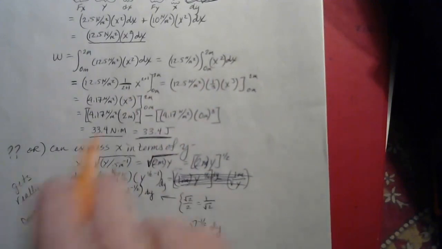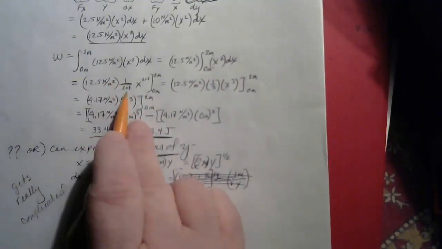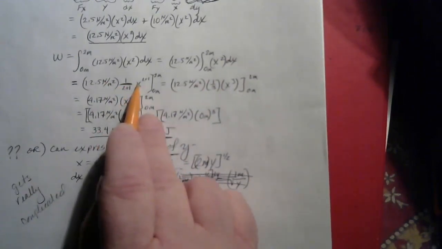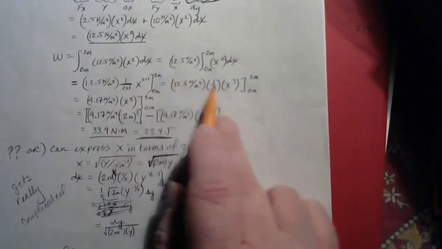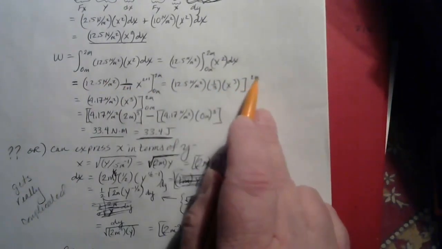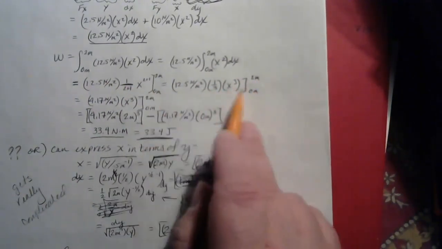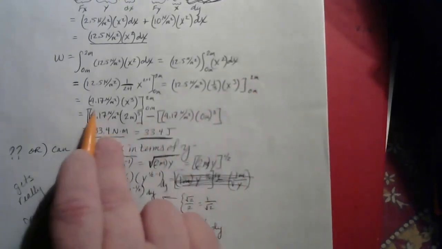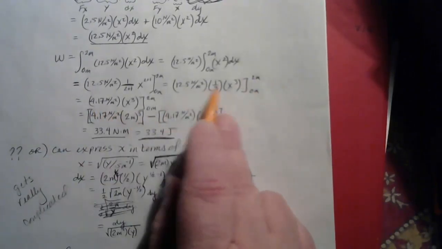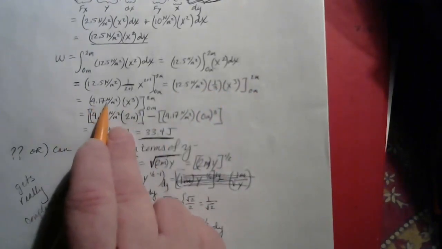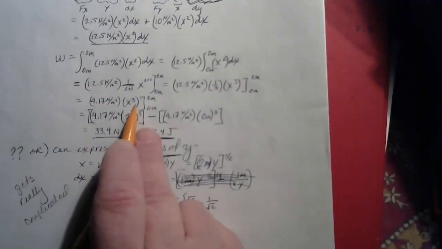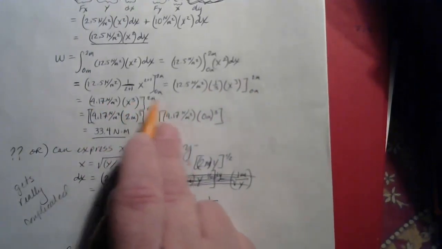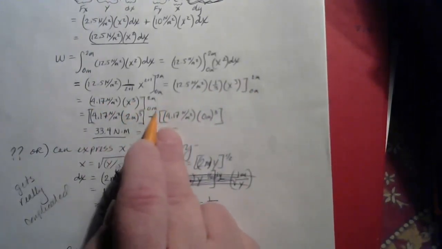So it's 12.5 newtons per meter squared times 1/3 times x to the third, from values of x from 2 down to 0. 12.5 divided by 3 is 4.17. So it's 4.17 newtons per meter squared times x to the third, from values of x from 2 down to 0.